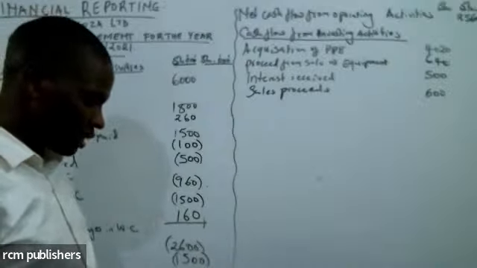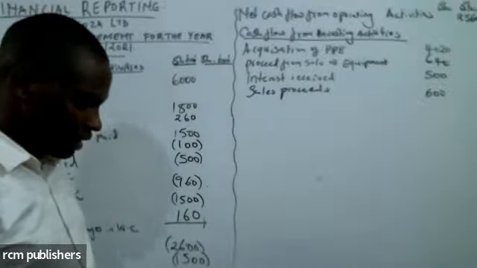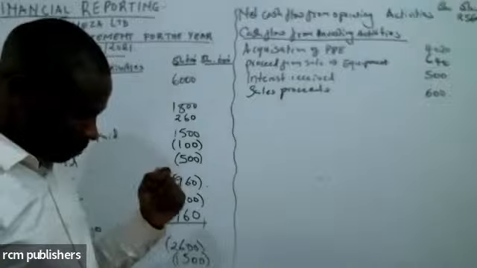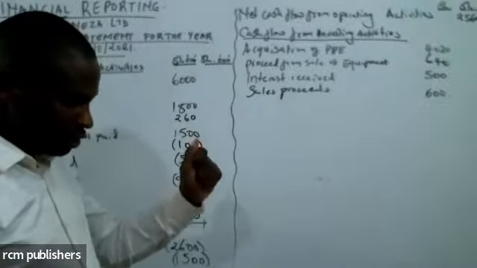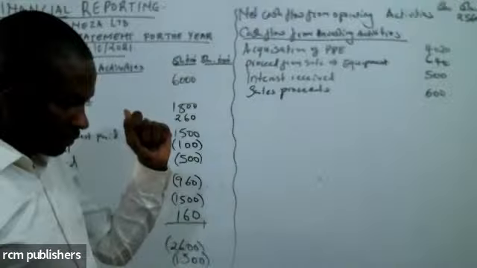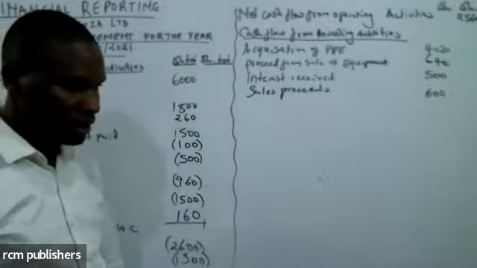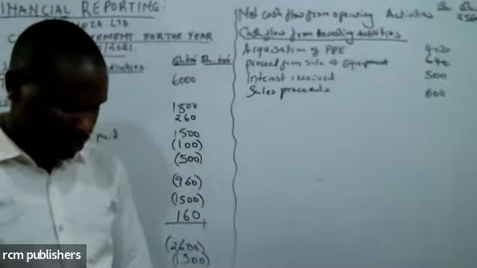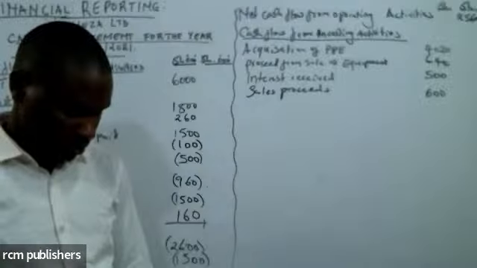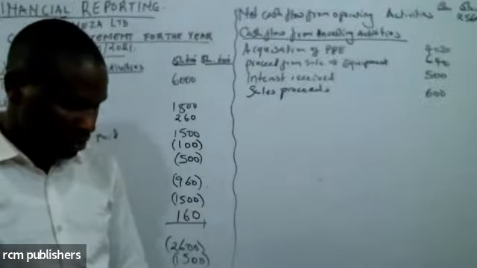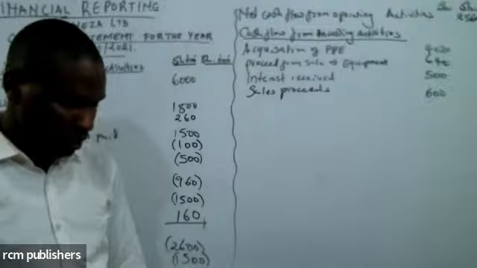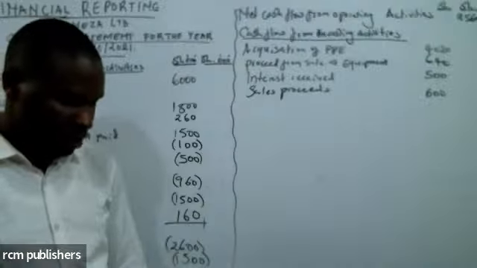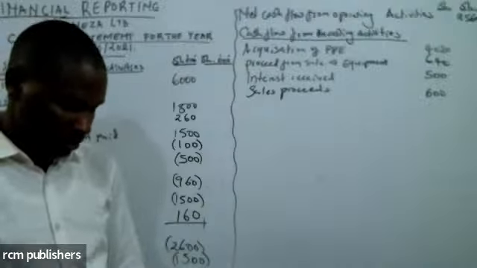So let's look at whether we have any other non-current asset that we have not touched. We have PPE on the balance sheet, we have intangible assets, and what else? We have intangible assets. Now, can you tell me whether there was an acquisition of intangible assets? Because you look at how much it was at the start and how much it is at the end.